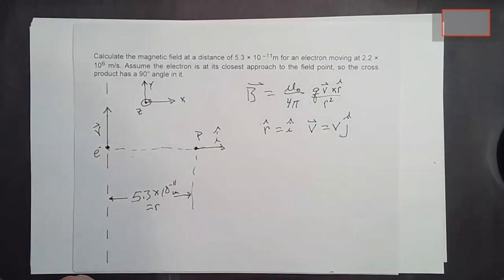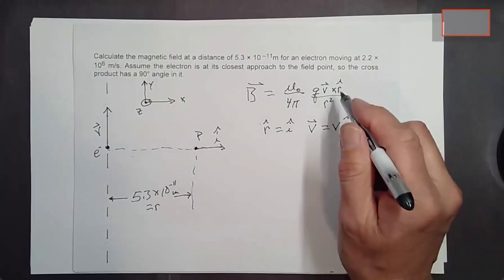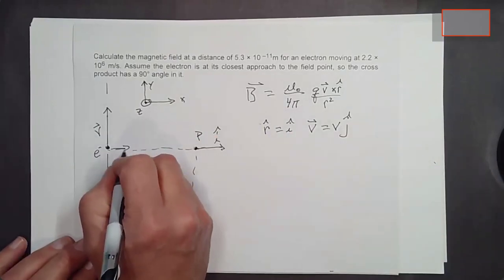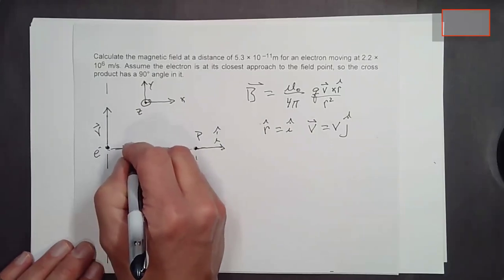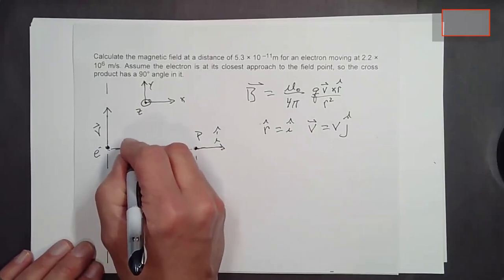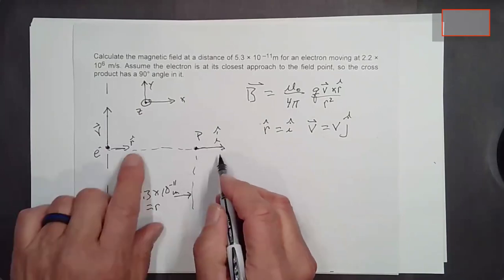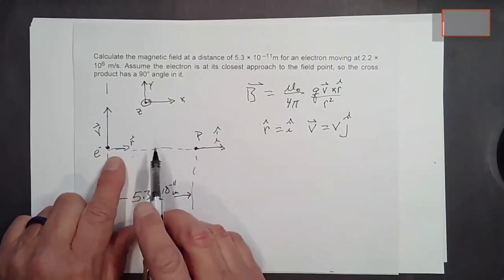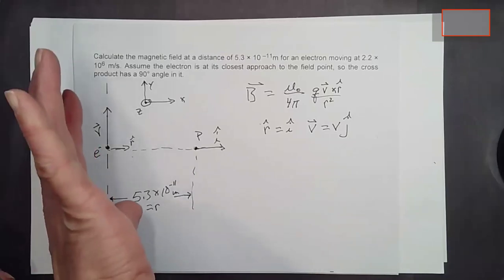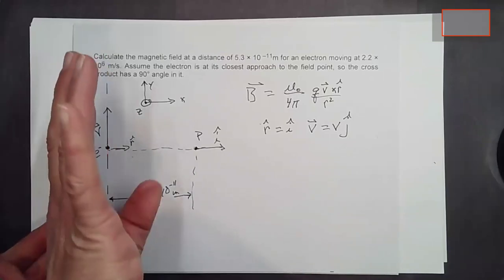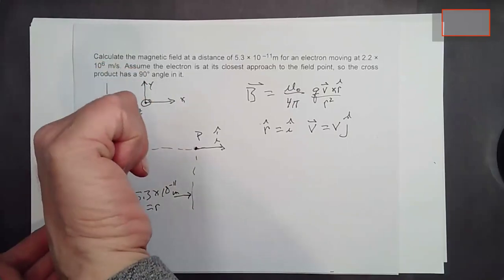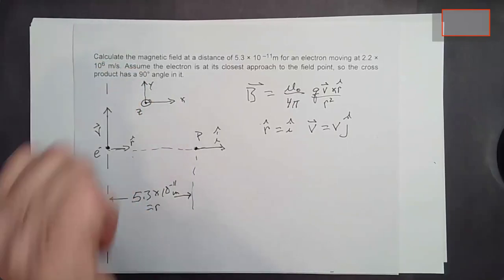All right, do we have enough information? v cross r hat. Well, this would be our r hat direction. It's just like the i hat. In fact, it's the same vector because they're equal to each other. v cross r hat: point the fingers of your right hand in the direction v is going, curl them in the direction of r, and your thumb will point into the page.